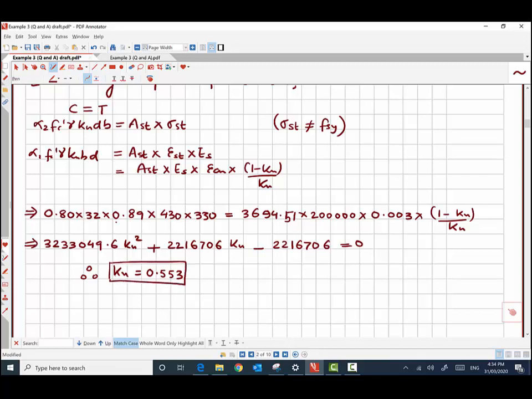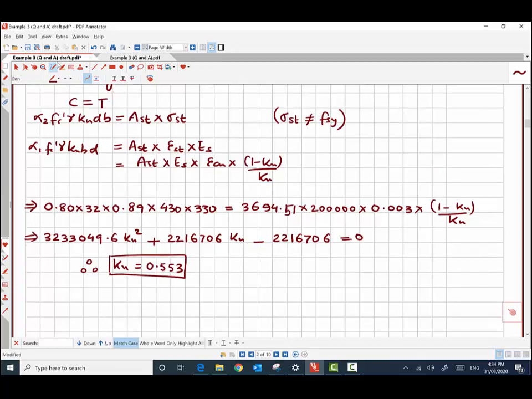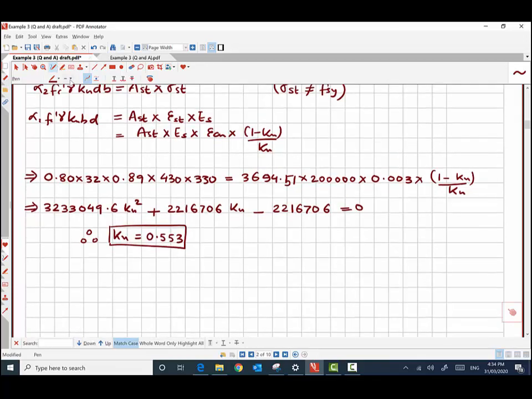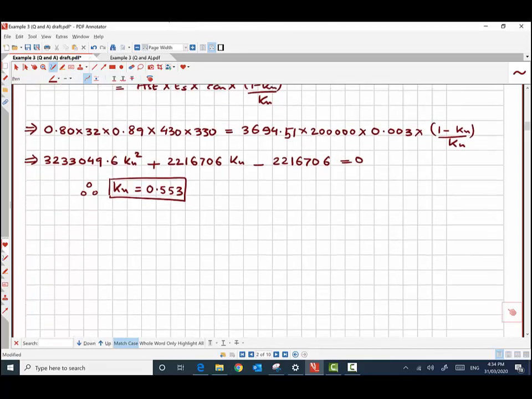Now again we have to check whether our assumption was correct or not by checking the strain in the steel. So how do we check the strain in the steel?